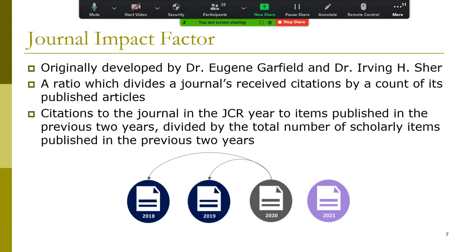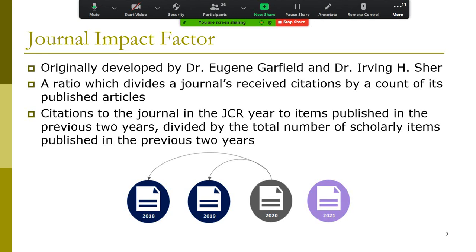The publications of a journal in 2018 and 2019, all those publications in these 2 years, got citations in all the journals covered by the JCR in 2020.